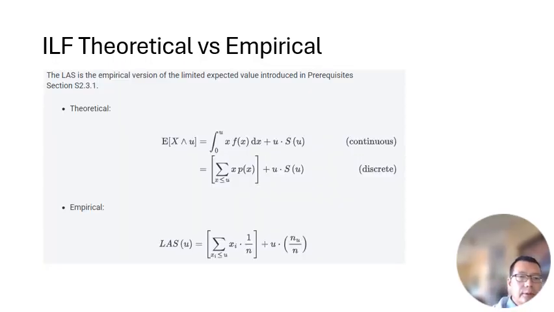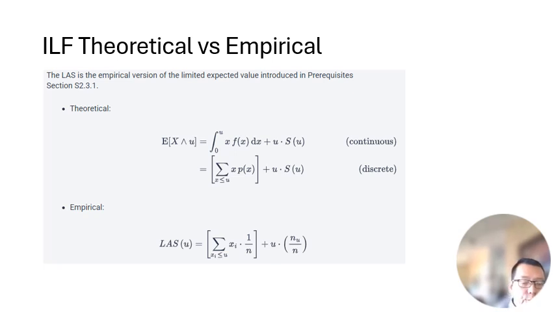Okay, this slide just further explains the difference between the theoretical world and the empirical world. So the first formula, expected value of X ∧ μ, is using the integral of x times f(x) from 0 to μ plus μ times S(μ). If it is continuous; if it's discrete, you use the sum of x times p(x).